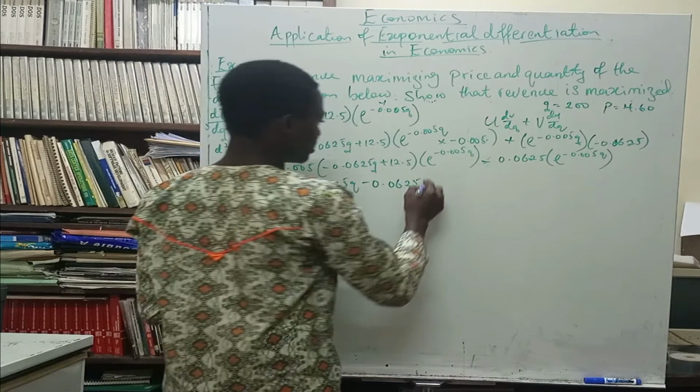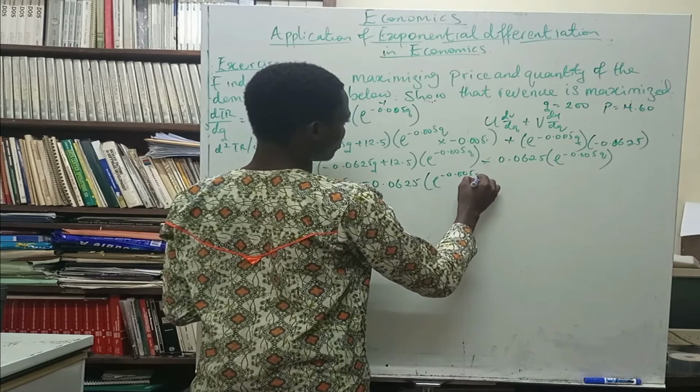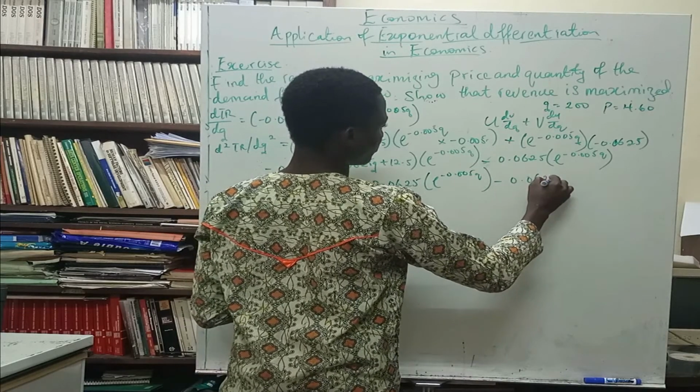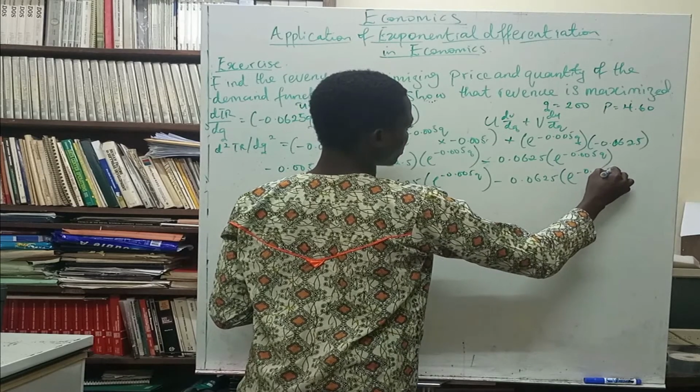Then into bracket e raised to power minus 0.005 Q, and minus 0.0625 into bracket e raised to power minus 0.005 Q.